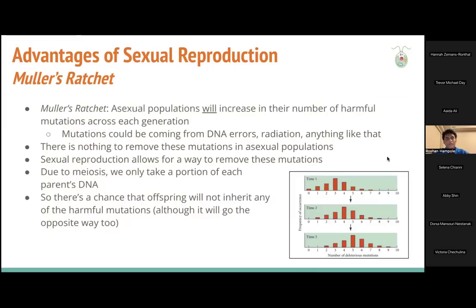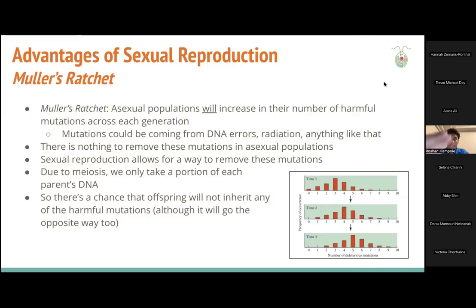So we're going to go over some advantages of sexual reproduction, starting with Muller's ratchet. Muller's ratchet talks about how asexual populations will increase in their number of harmful mutations across each generation. Within each asexual individual's life, they're going to accumulate mutations through normal means. These could be DNA replication errors, radiation, anything like that.